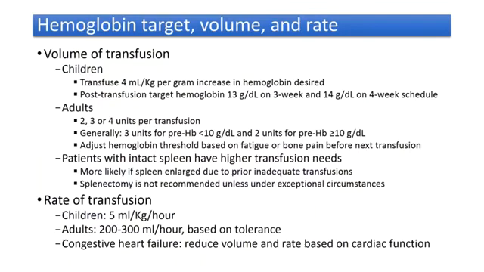The rate of transfusion is mentioned here, usually about 5 cc's per kilo per hour for children, and for adults 200 or 300 cc's an hour, which is based on tolerance. But if there is a concern over cardiac function, then the volume and the rate have to be reduced to tolerance, and often Lasix may need to be used as well.